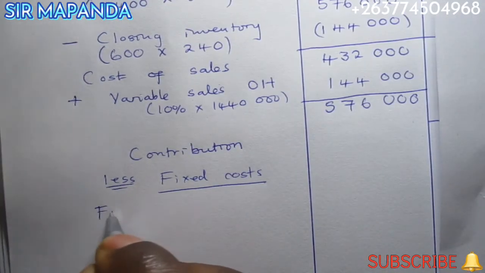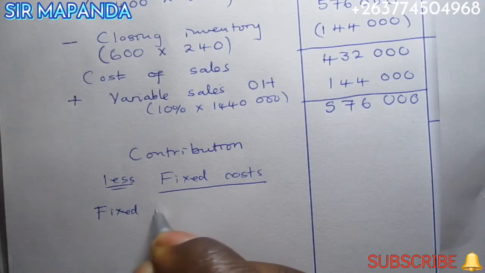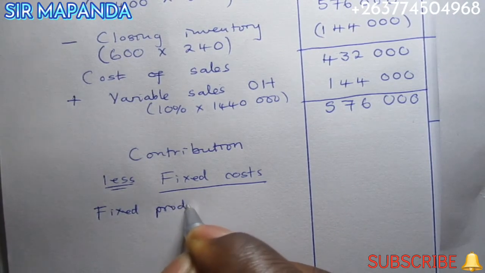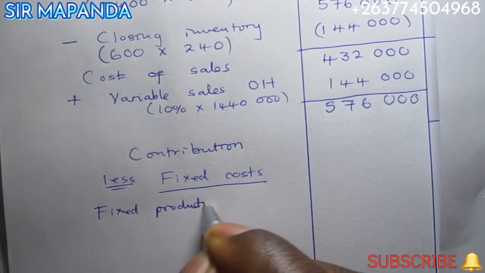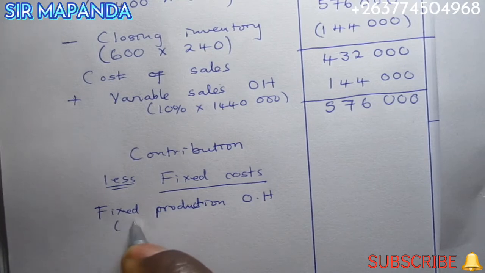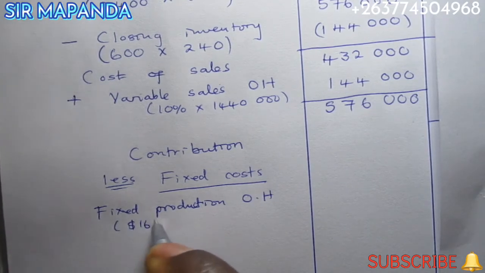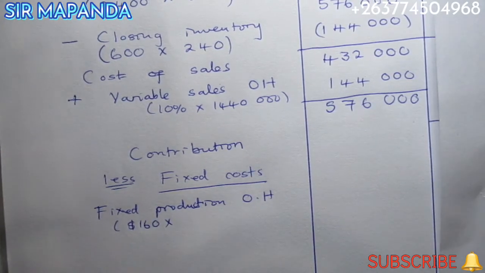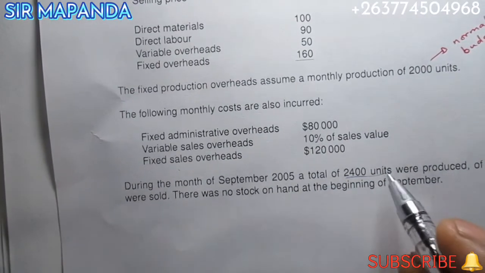So I'm going to write fixed production overheads first. Then you take the unit 160. But do not multiply this 160 with 2.4 the units produced.